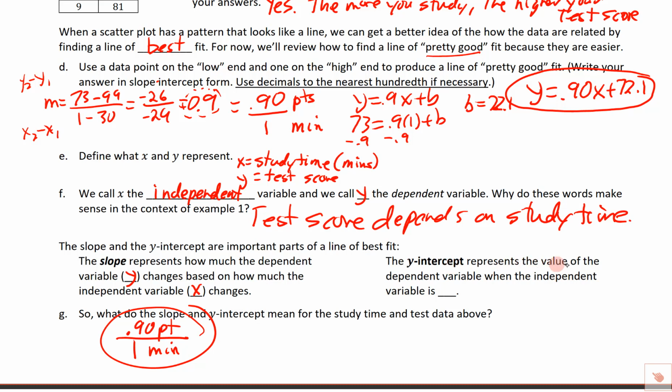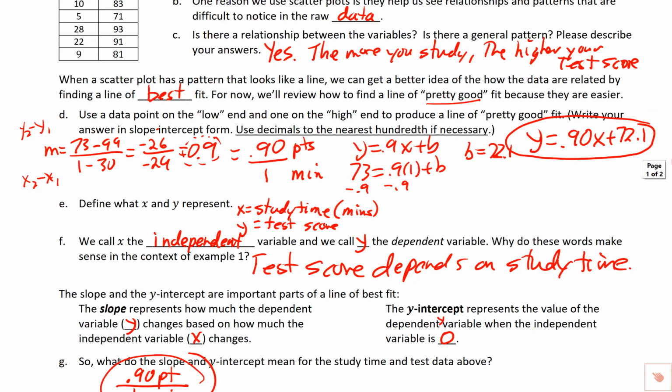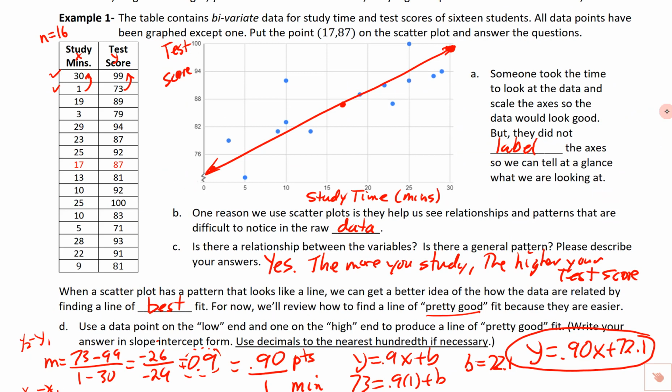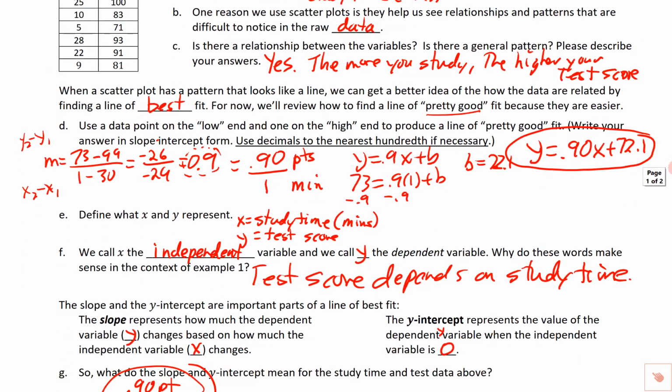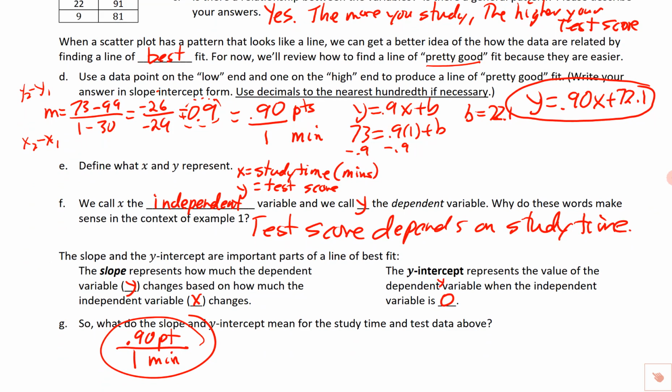So the y-intercept represents the value of the dependent variable, remember, the dependent variable is y, when the independent variable is 0. Remember, y-intercepts always have an x-coordinate of 0. So wherever that crosses right there, that would be the test score you could expect if you didn't study at all. I'm going to write that down.